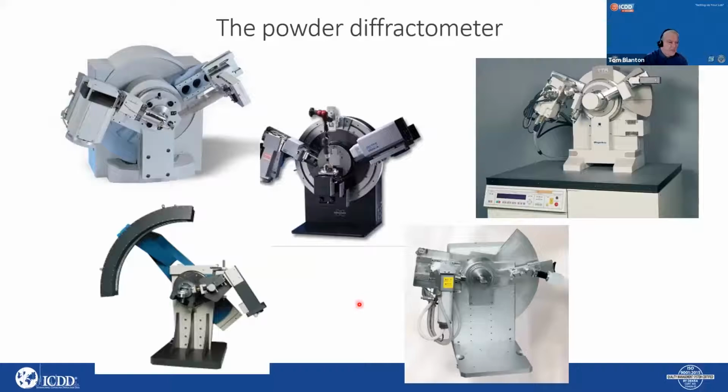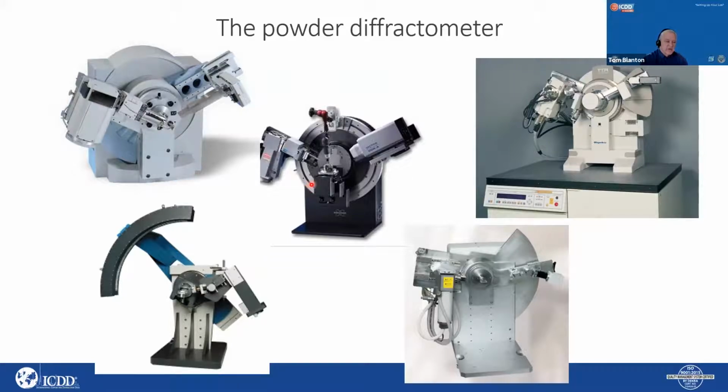These are examples of powder diffractometers. These would be considered larger instruments, and by larger, we mean the radius of the goniometer, from the sample stage to the detector. So you have your radiation source, stage, and detector here, and different manufacturers design theirs differently, but the fundamentals are there. They're generally the same concept.